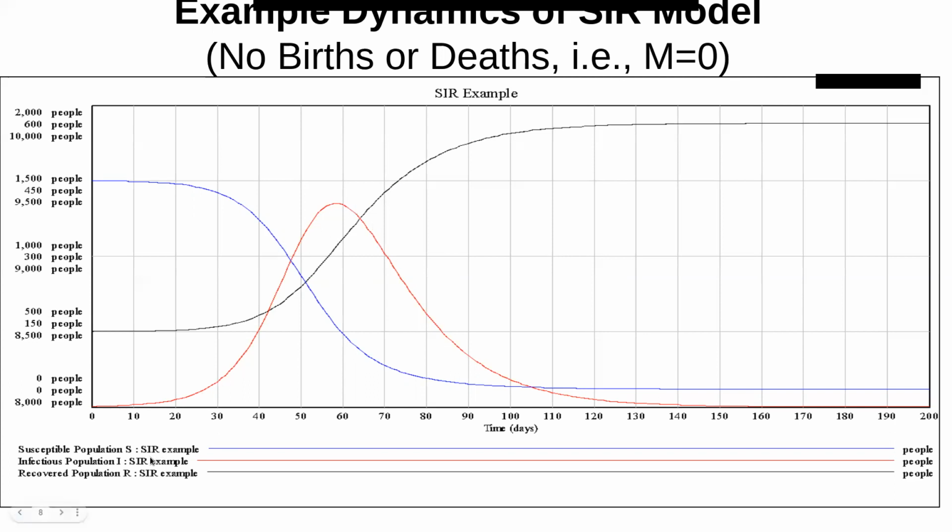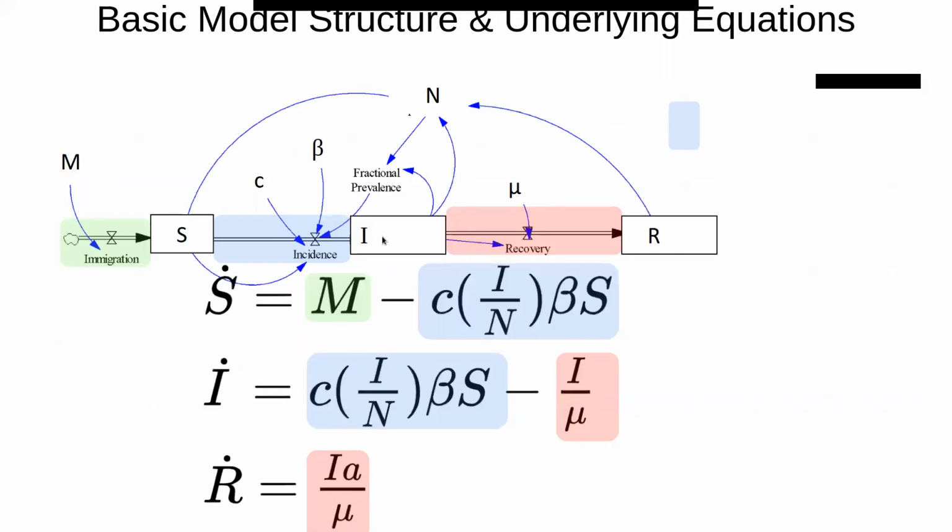So I is the red one. We start with very, very few people infected, and they infect other people by exposing them here. The more infectives there are, the greater the chance, the greater the hazard rate, the probability per unit time that a susceptible will get infected.